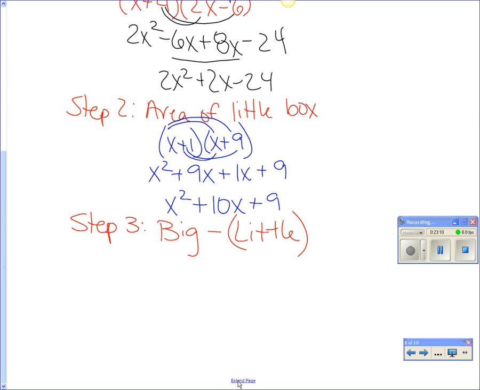So the big box is 2x squared plus 2x minus 24. Then you have to minus it because you're taking it away. And I'm going to put parentheses, x squared plus 10x plus 9.